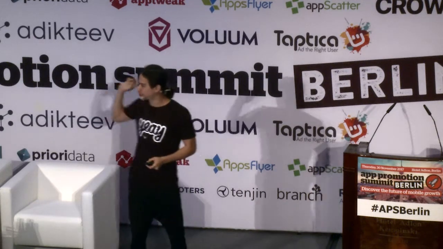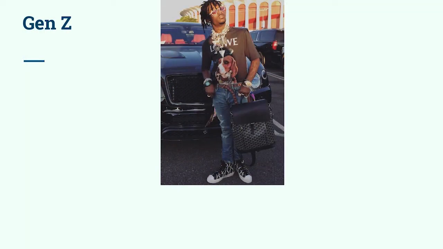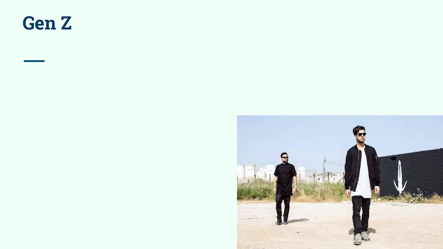If you listen to this guy, and by the way, a beer on me if you can name the artists that I'm going to present now, you'll probably be following a specific trend and a specific type of fashion. If you follow this guy, if he is your favorite artist, then probably your interest in fashion will be along certain lines. And if you follow these guys, I expect someone here in Berlin to be able to recognize these. Again, your commerce activity will be defined a certain way.